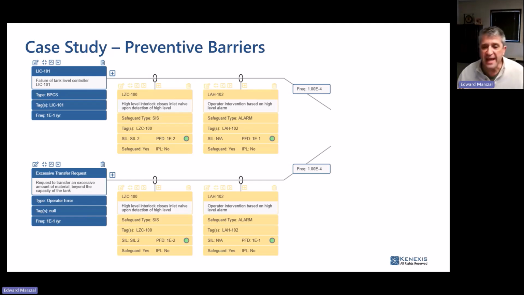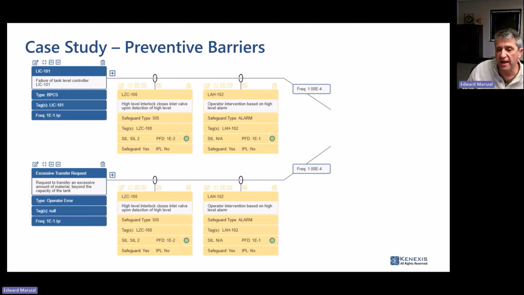The PFD of this equipment, so let's say there's a collection of equipment that includes an alarm, and it turns on a horn or a light, or a horn and a light. That is the equipment that is LAH 102. The probability of failure of that equipment does not change depending on how frequently you challenge it.